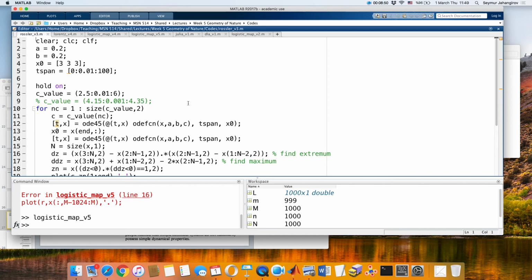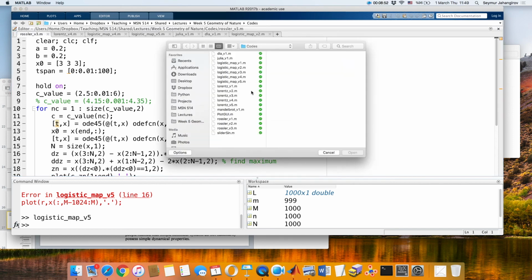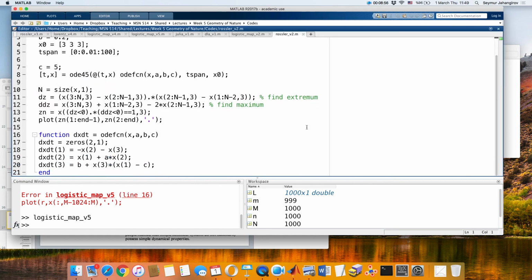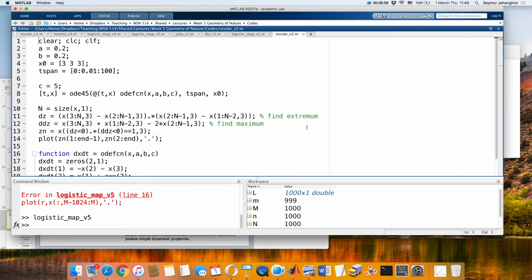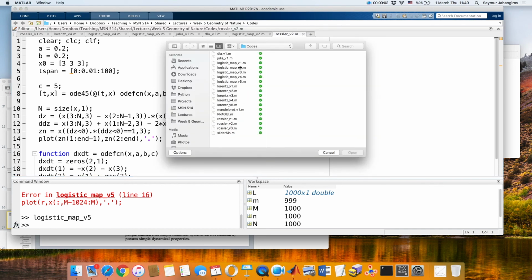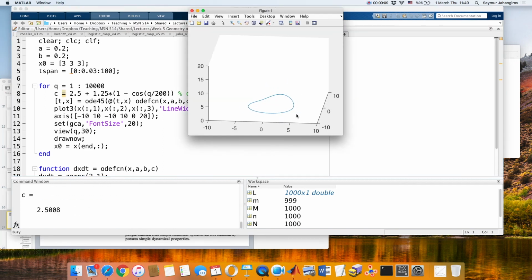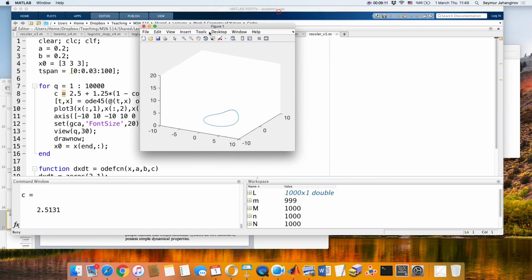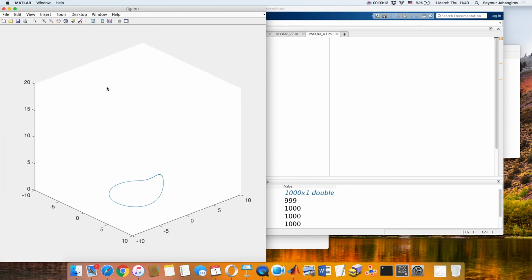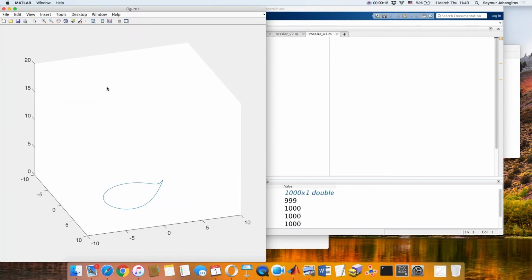Let me remind you first of our last plot. I hope you remember this one. Rössler 1. Let's look at this one more time. Do you remember this one? Yes?